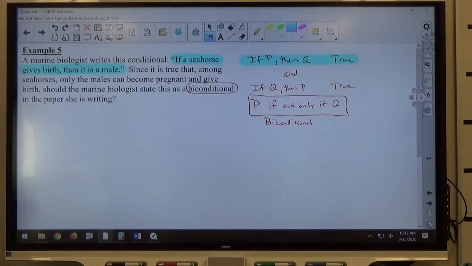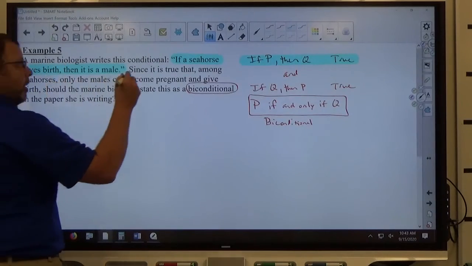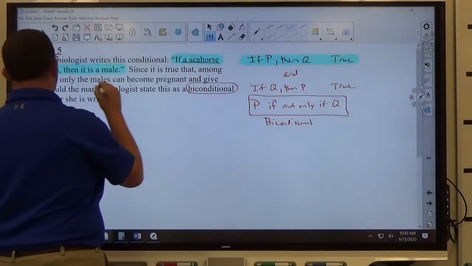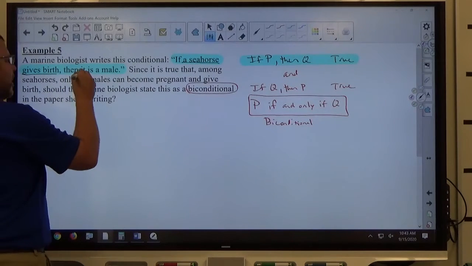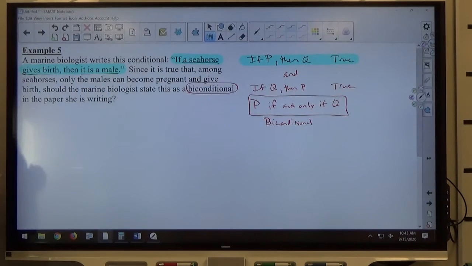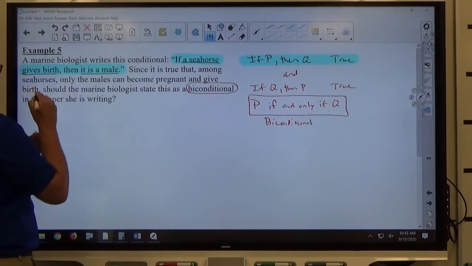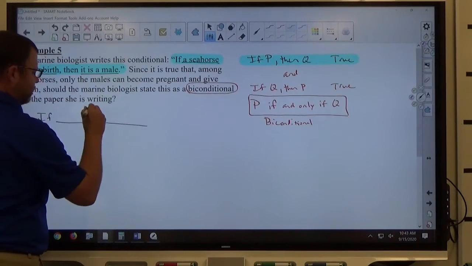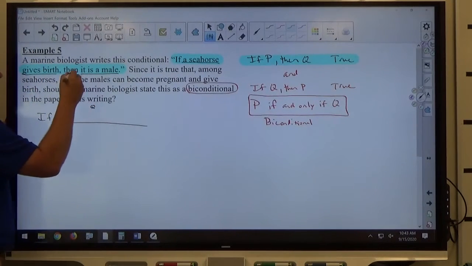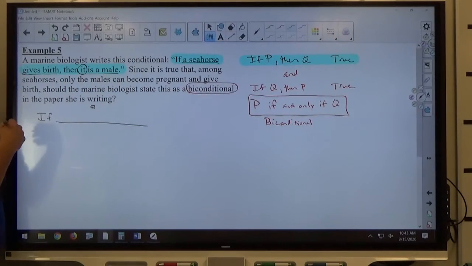Okay? So, if we wrote the converse of that, a seahorse gives birth is the hypothesis, it is a male is the conclusion. So, P, Q, if I swap them, I'm going to write if, and then I want to write Q here, right? But with Q, when there's a pronoun involved, like it, you want to use the actual word in the hypothesis part, right?